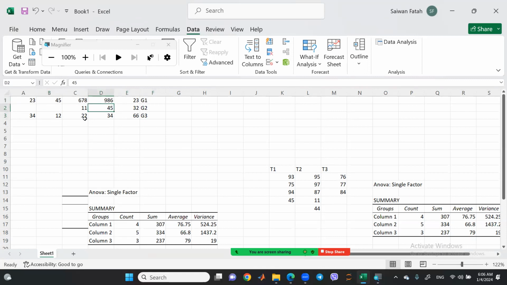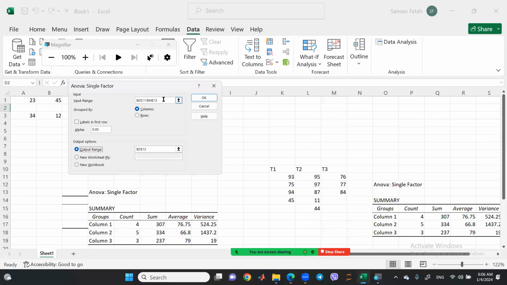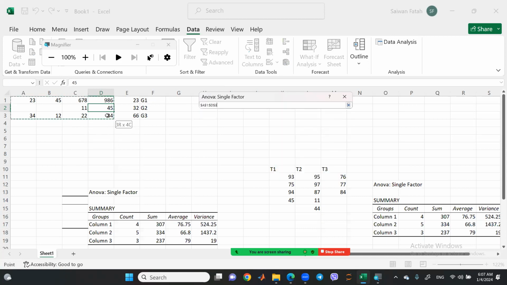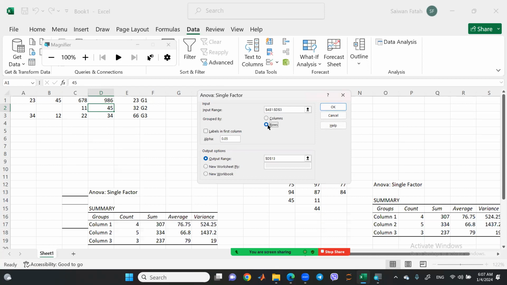Now, if we want to analyze this one, we click on data analysis. Okay, then choose the range of our data. Yeah, this is the range of our data. Then here we have rows. Click on rows. Our data are given in rows, not in columns.